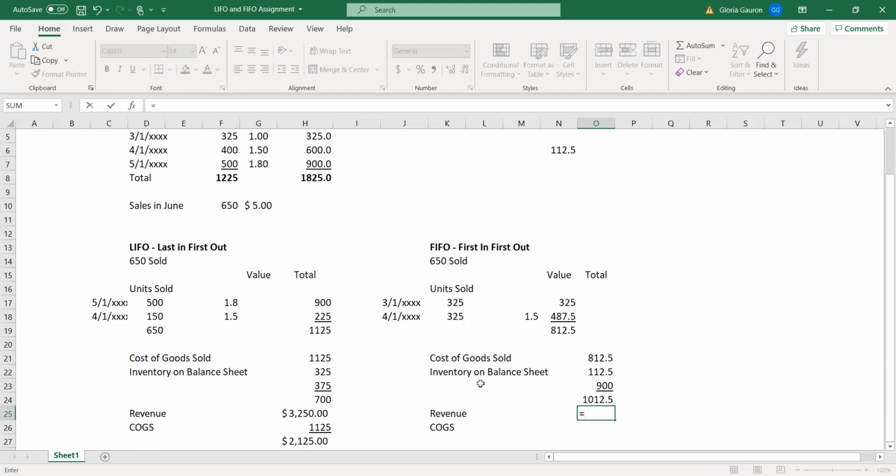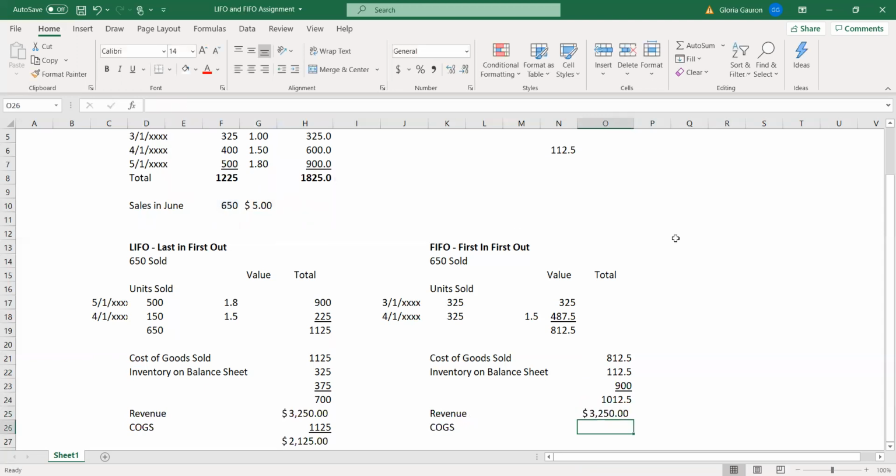So again, we're going to look at the revenue versus the cost of goods sold using the FIFO method. My revenue again equals 650 units sold multiplied by $5. That's what I'm selling the pens for. So my revenue is the same under FIFO or LIFO, but here's where the change occurs. Under cost of goods sold for FIFO, we can see that my cost of goods sold is $812.50.